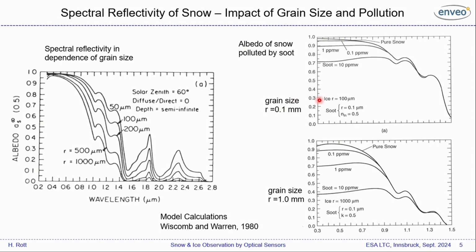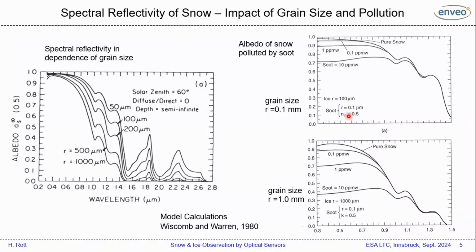And in both of these model computations, the size of the ice grains is largely different, but the soot content is the same. So the imaginary part is 0.5 in both cases, and also the radius of these particles.